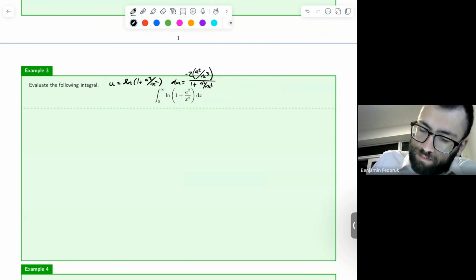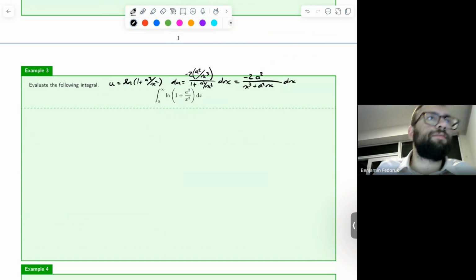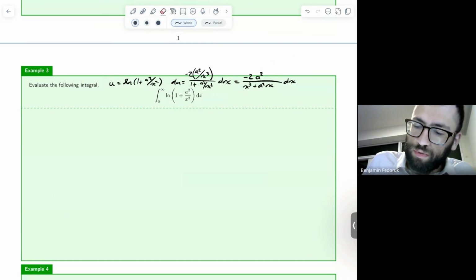And that's times dx. Now we can simplify this a little bit, which is going to help. So we'll get negative 2 a squared over x cubed plus a squared x dx, like that. So that kind of simplified, but it's still pretty ugly.